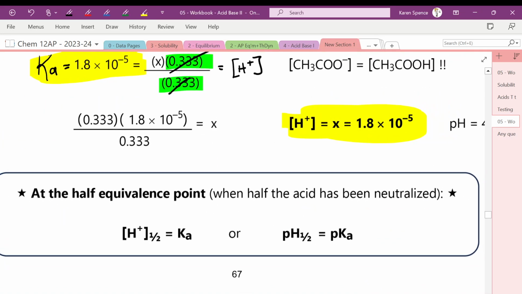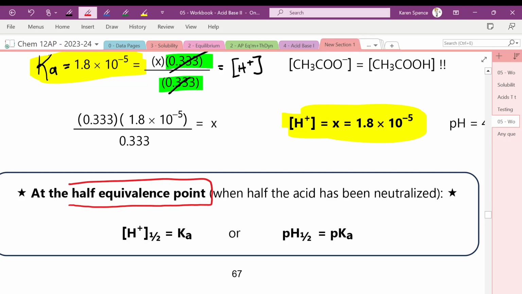So this is what we call the half equivalence point. That's where half the acid has been neutralized.